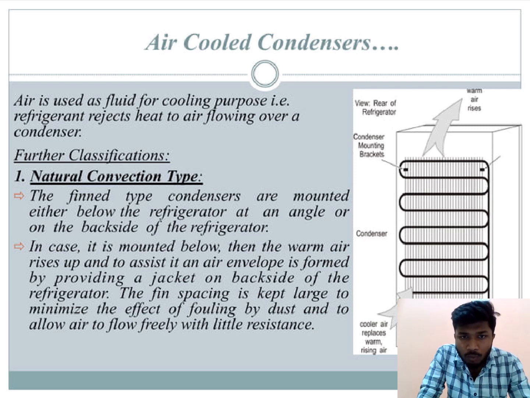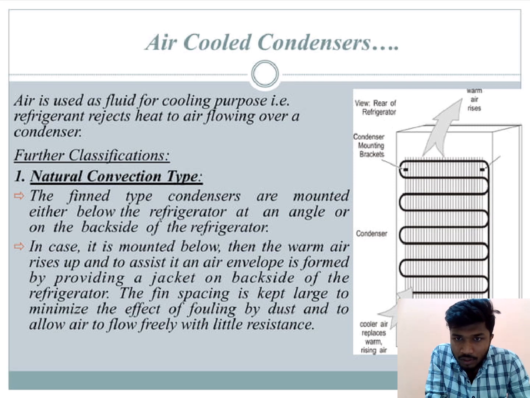In case it is mounted below, the warm air rises up, and to assist it, an air envelope is formed by providing a jacket on the backside of the refrigerator. The fin space is kept large to minimize the effect of fouling by dust and to allow air to flow freely with little resistance. We generally see this on the backside of the refrigerator, as shown in the figure.